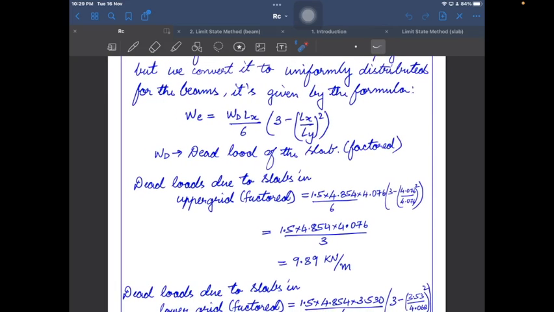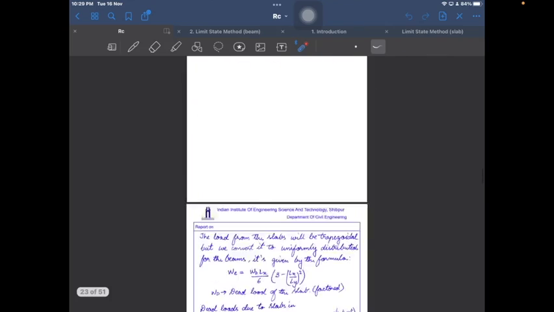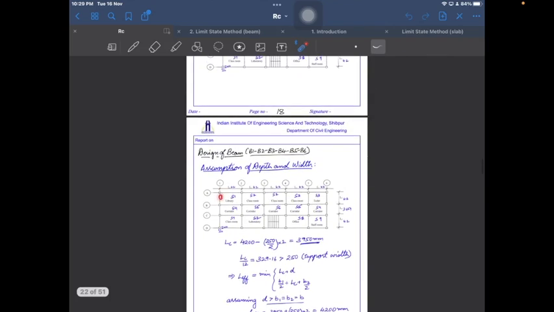So using this formula we get this one for the upper grid and this one for the lower grid. Upper grid are these slabs, lower grid are these slabs, and this is our beam.